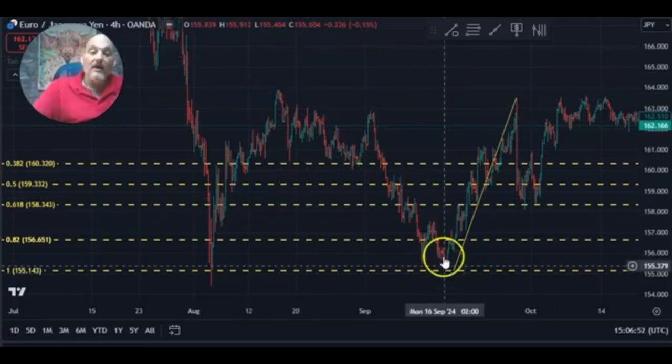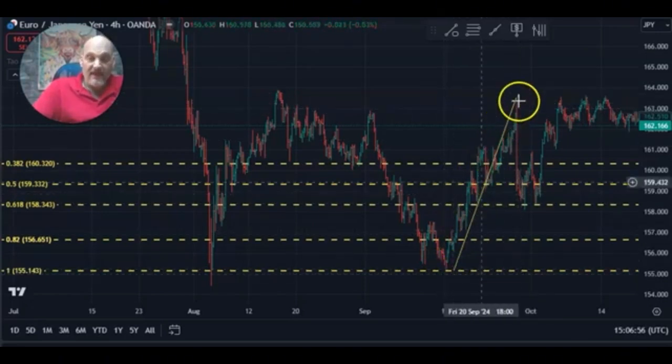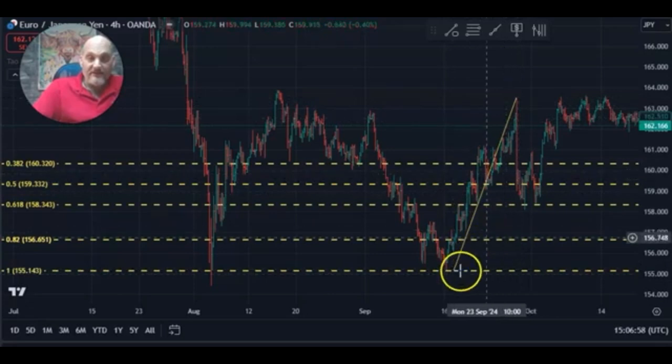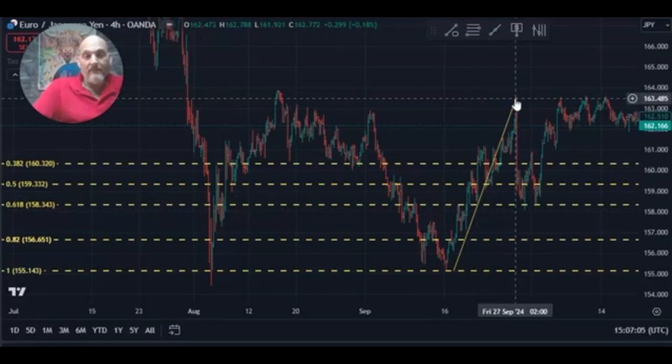So I'm going to draw my Fibonacci retracement levels from this high to this low. I'm going to take the difference between this high and this low and multiply that by 0.382, 0.618. I use 0.82.